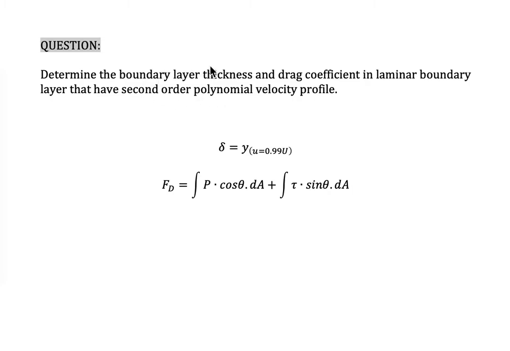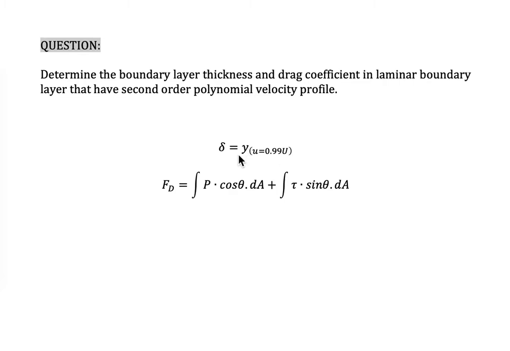So why does the boundary layer thickness equation become an important parameter here? It is because, as we discussed previously, we only know that delta is equal to y at which the local velocity u equals 99% of the free stream velocity.